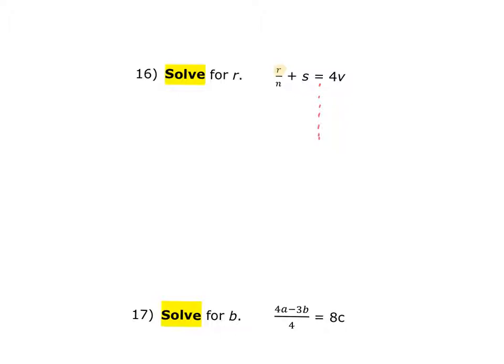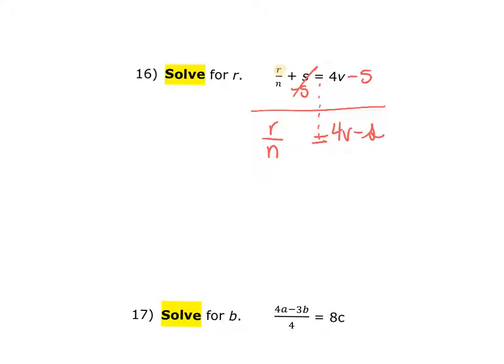Well, order of operations says that if you knew what r was, you would be dividing by n and then adding s. So just like if this was a number and you're trying to get r by itself, the first thing you're going to do is minus s from both sides. That's going to leave you r divided by n is equal to 4v minus s. I'm going to make a cursive s because my s's look like 5s.